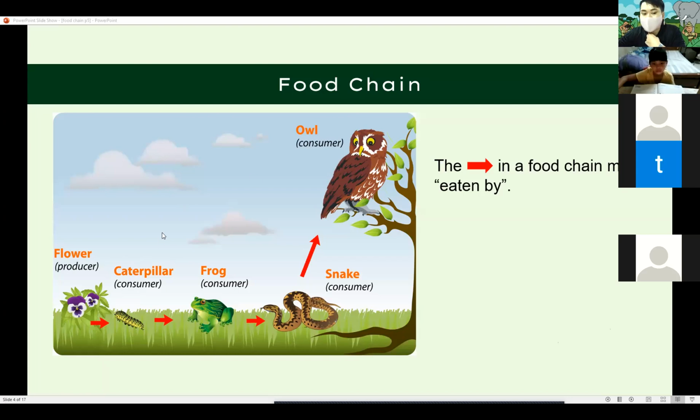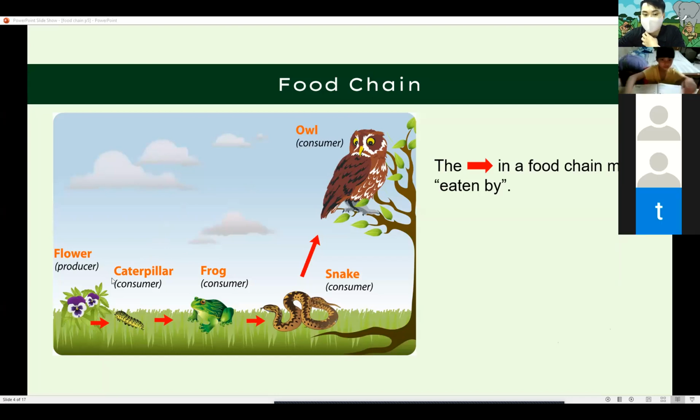So everyone knows that caterpillar's food are flowers or plants, right? Caterpillar is eaten by frog. Frog is eaten by snake, and then snake is eaten by owl. You understand? Yes or no? You get it? Yes. Good.